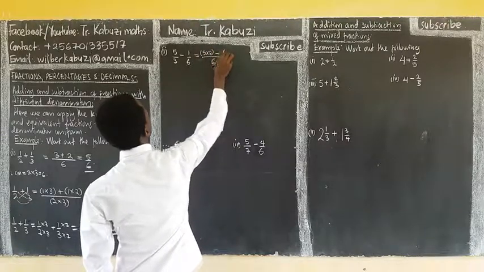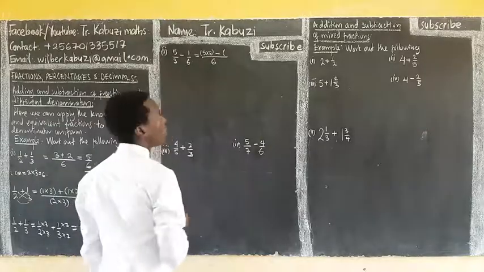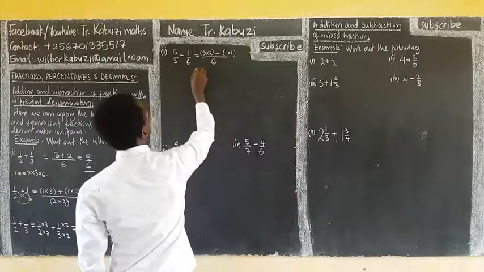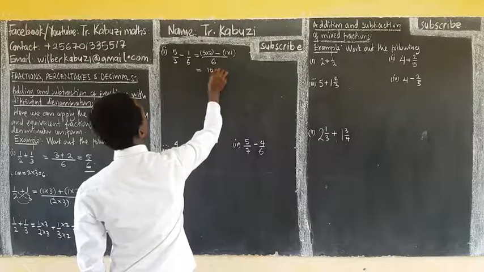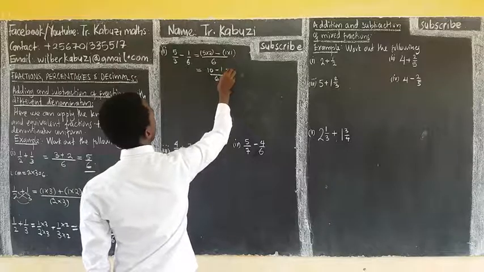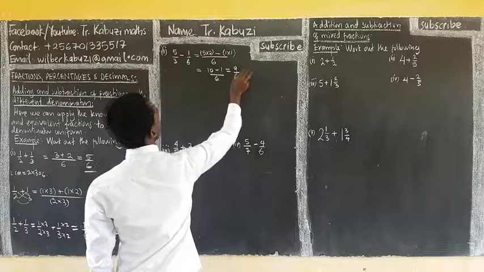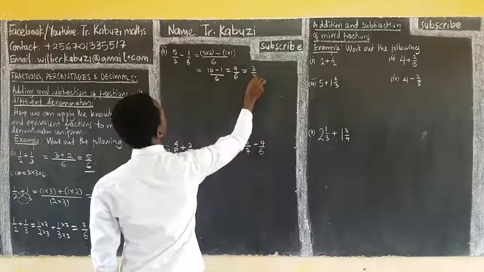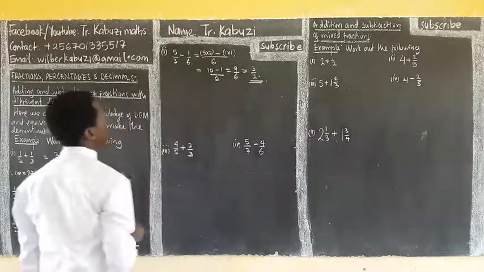Then minus, 6 goes here once, 1 times this, as simple as that, which will be 10 minus 1 over 6. This is going to be 9 over 6, which we reduce to 3 over 2. That's how far you can simplify that.